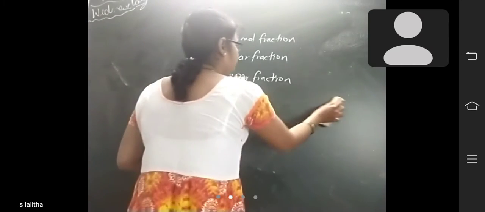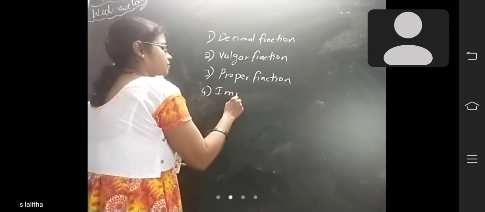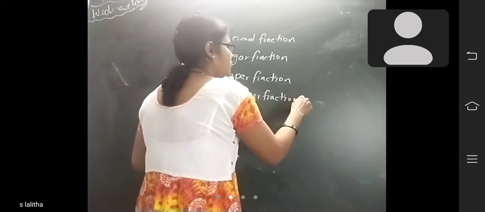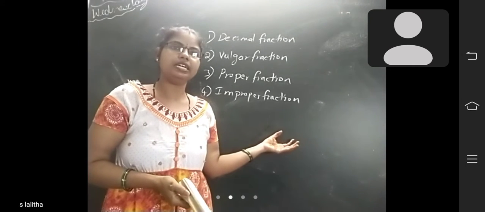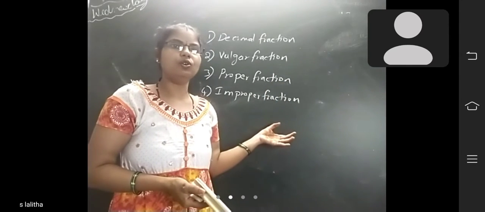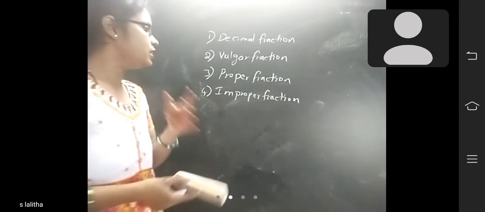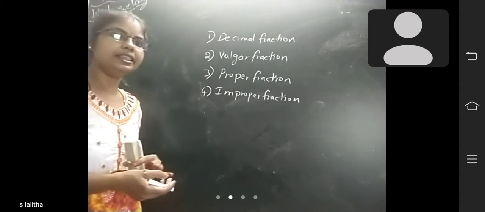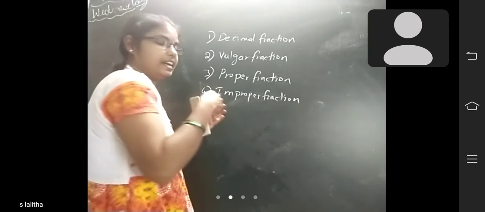Okay, next one, improper fraction. So what is an improper fraction? A fraction whose numerator is greater than the denominator, or equal to the denominator, is called an improper fraction.